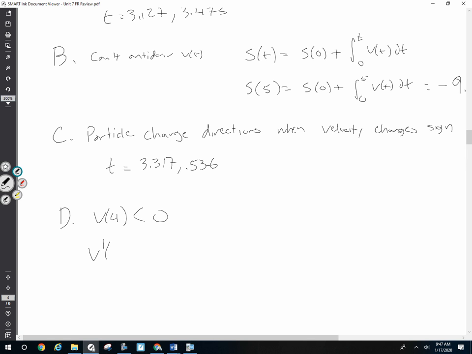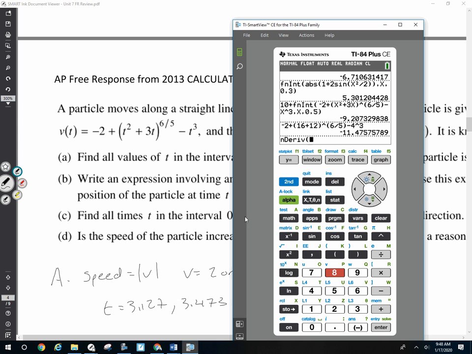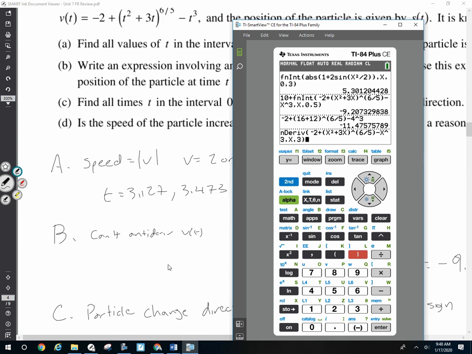Now, v prime of 4, which will equal a of 4. I'm going to use math 8. Let's take the derivative of negative 2 plus t squared plus 3t to the 6/5, close parentheses, minus t cubed with respect to x at t equals 4.